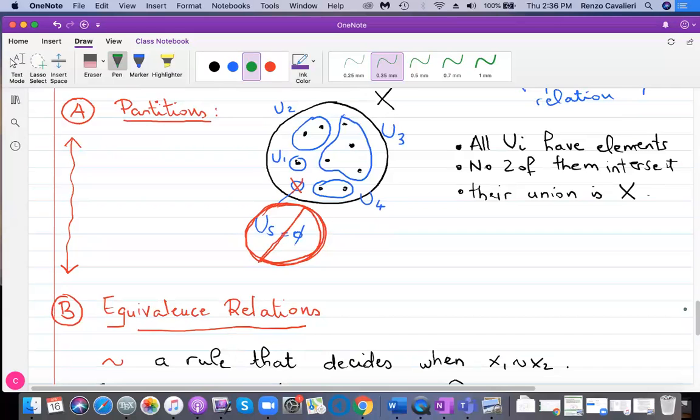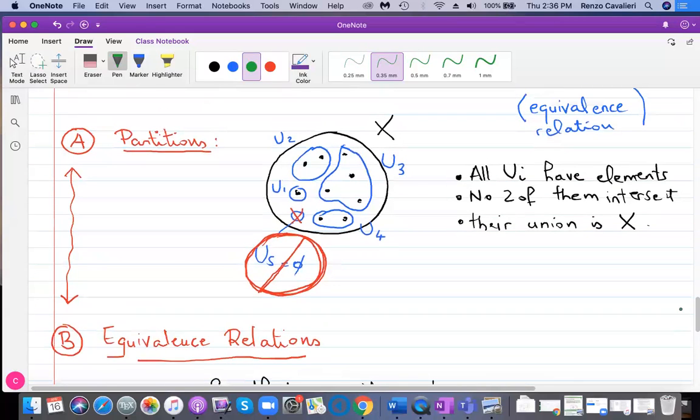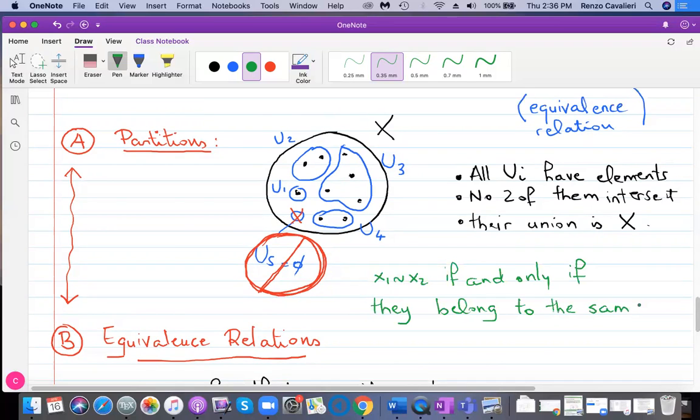So let's look at the example that I drew, right? I can decide that x1 is going to be equivalent to x2 if and only if they belong to the same subset of the partition.